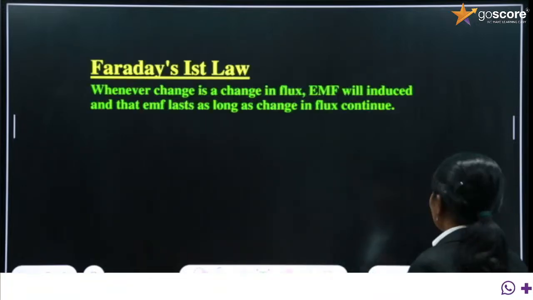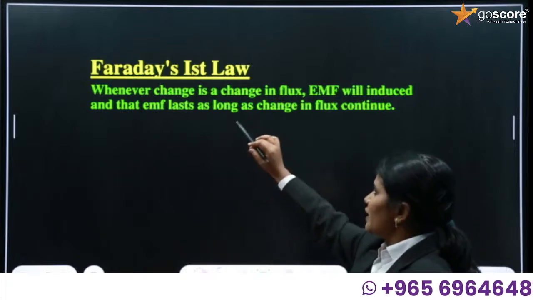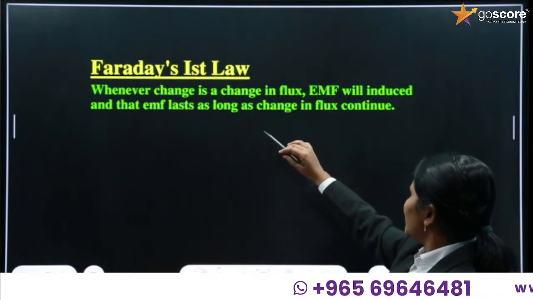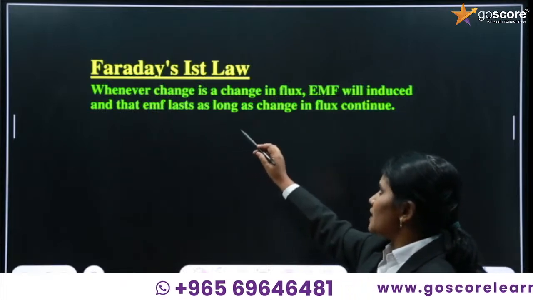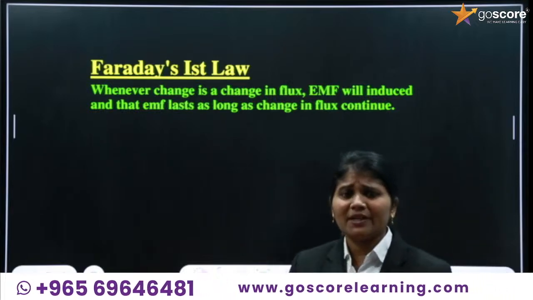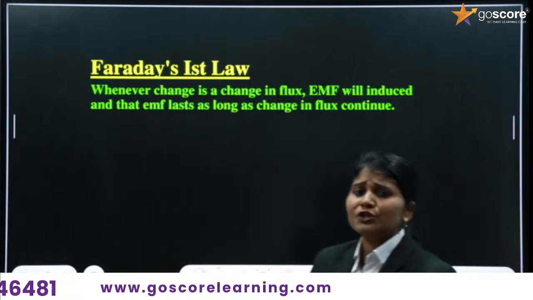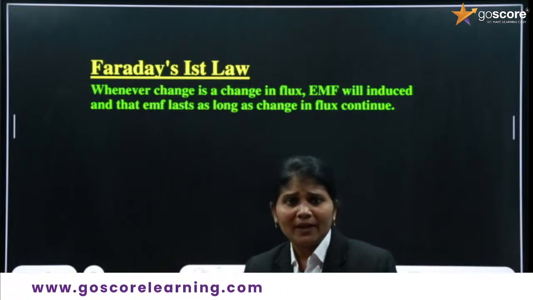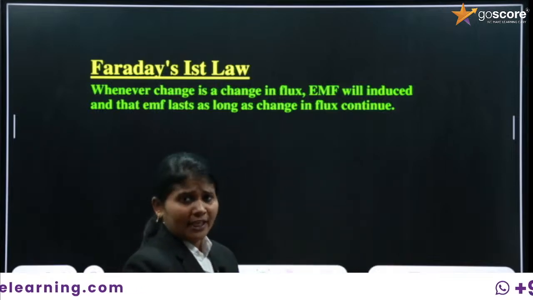Faraday's first law states that whenever there is a change in flux, EMF is induced, and that EMF lasts as long as the change in flux continues. Already in the first and second experiments we proved that change in flux produces the induced EMF.